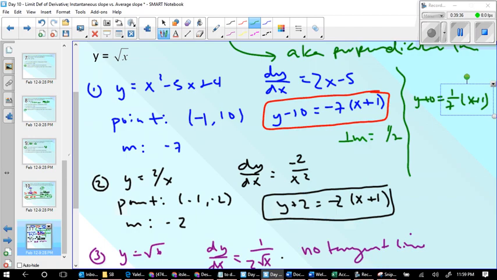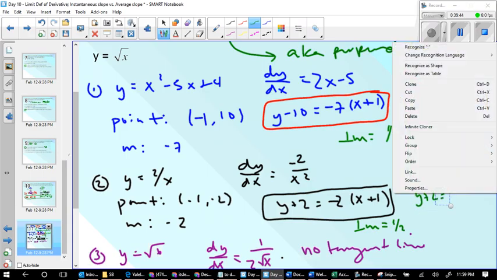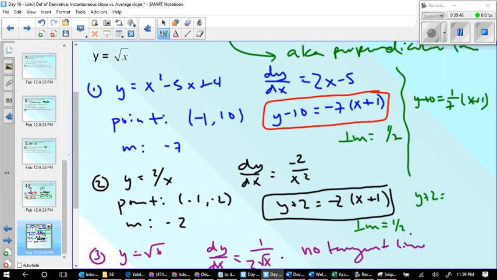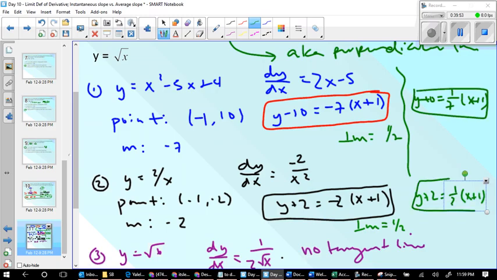Similarly for this one, find my perpendicular line. Well, my perpendicular slope would be 1/2, so I have y plus 2 equals 1/2 times (x plus 1). And those would be my normal lines. Normal, perpendicular, those mean the same thing. And that's it for this particular lesson.